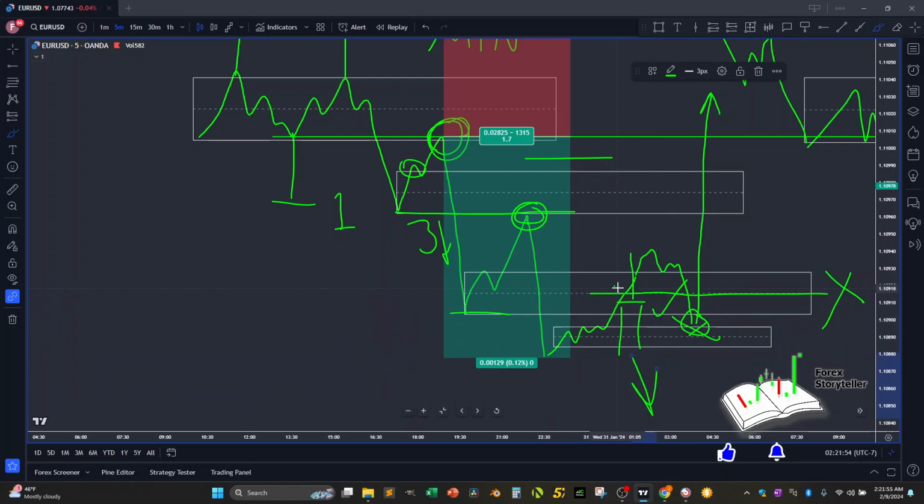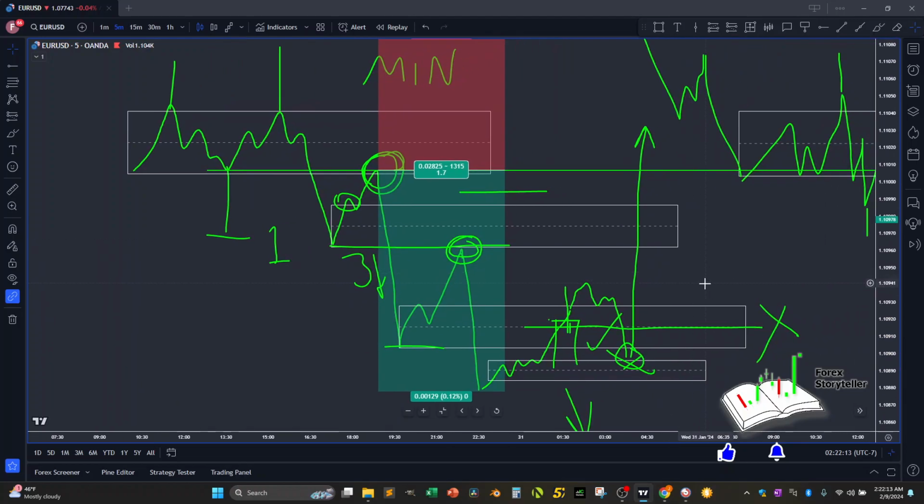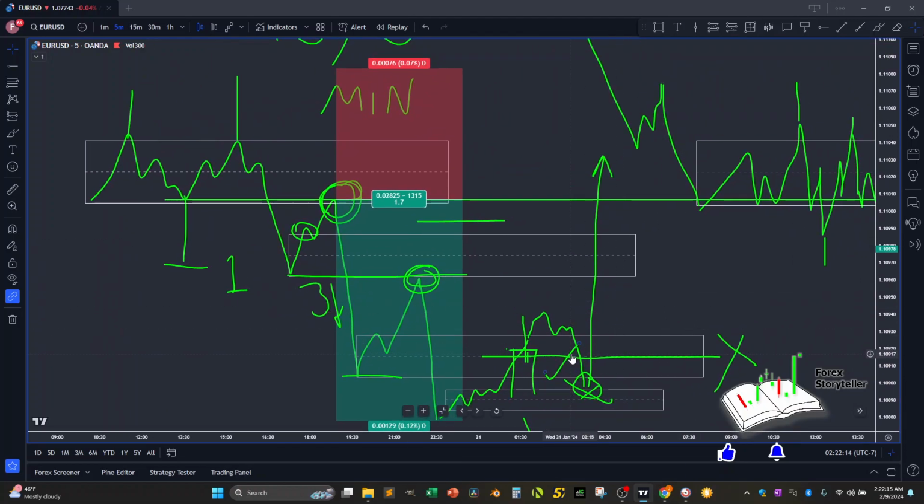Something's going on in the market. There's a drop of liquidity, drop of demand, supply, whichever direction you're going. So that does not invalidate, but that does. So just keep that in mind when you're trading that pattern. So that would be a no-go.